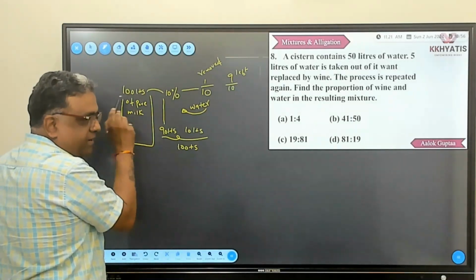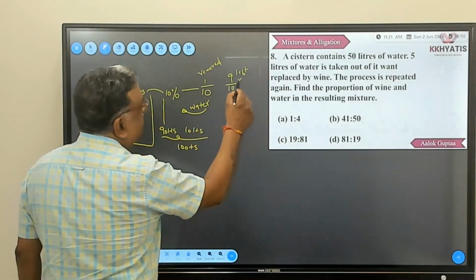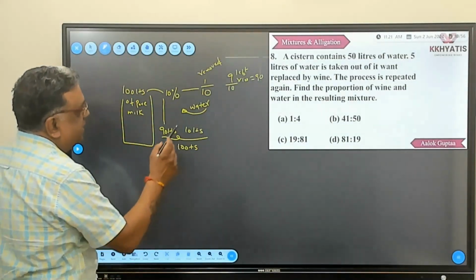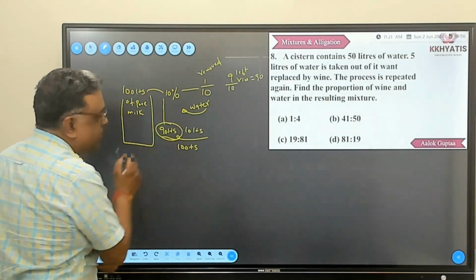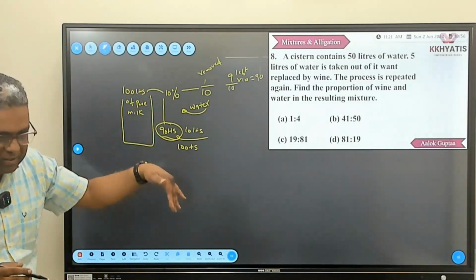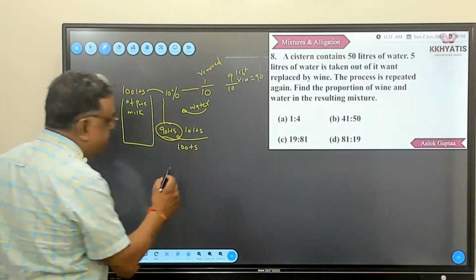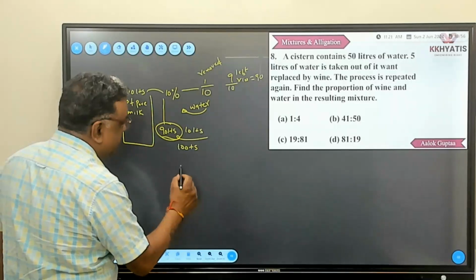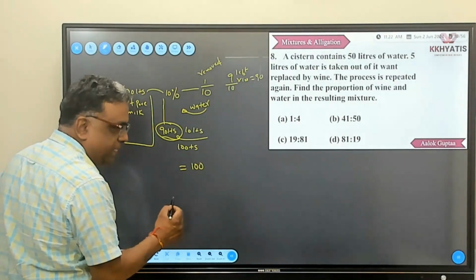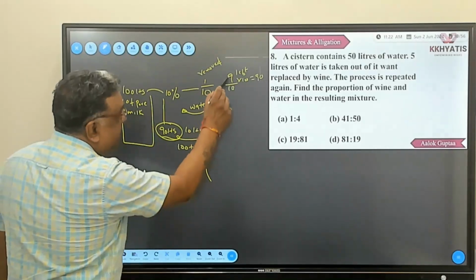Of 100, which means 9/10 of 100 is what? 90. So which means 90 liters of milk is left here. So can I say, when I did this operation, in the first process, the milk was the original quantity of milk into the fraction left.